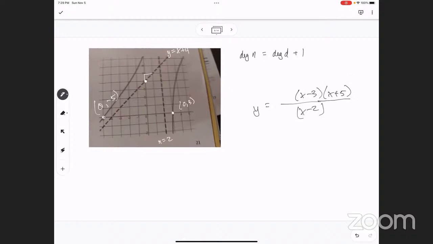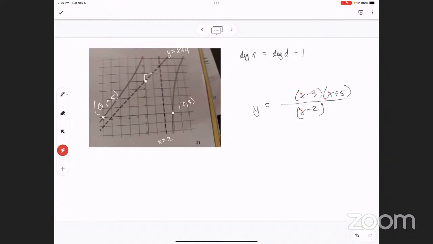And I can't really see what my y-intercept is, but it kind of looks like it's going to be 4, maybe. No, that's not my y-intercept for the graph. The y-intercept for the graph is probably going to be like 8. So I plug in 0 for all the x's.